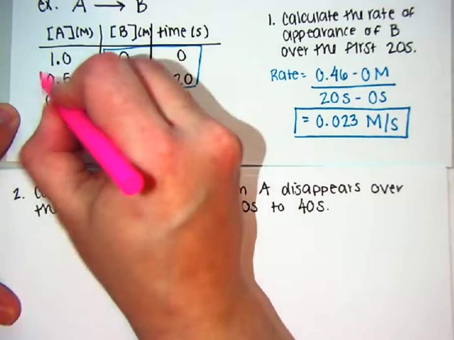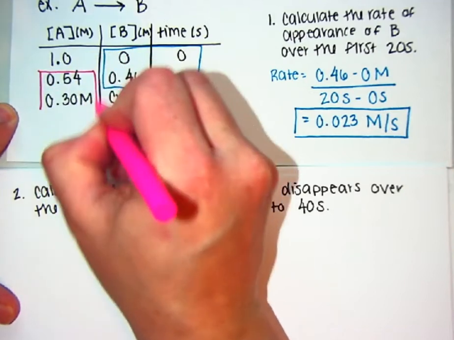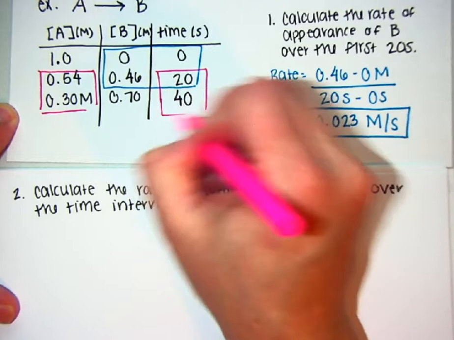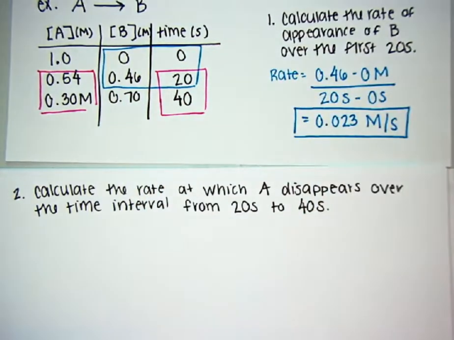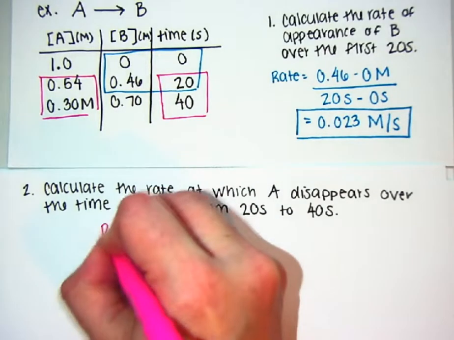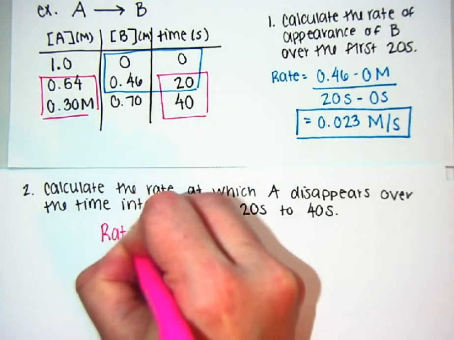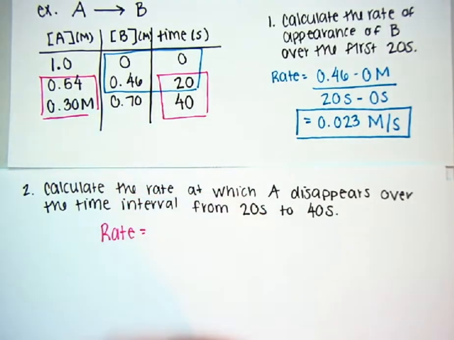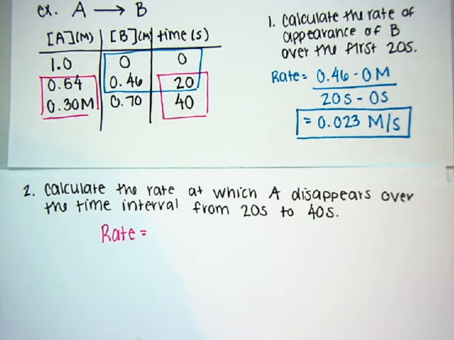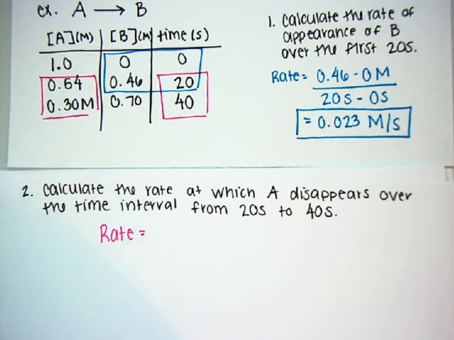Alright, so now I'm looking at A, and I want to look at my data from 20 seconds to 40 seconds. We're going to use that same equation. Rate is equal to the change in concentration over the change in time. Remember we said rate is always going to be represented as a positive quantity.